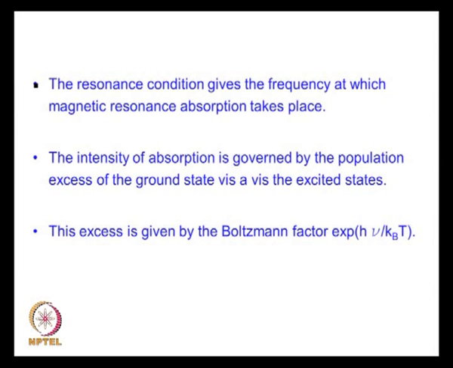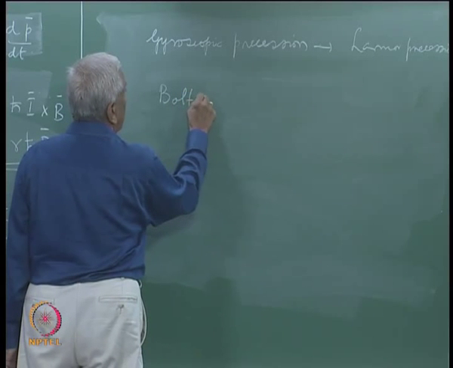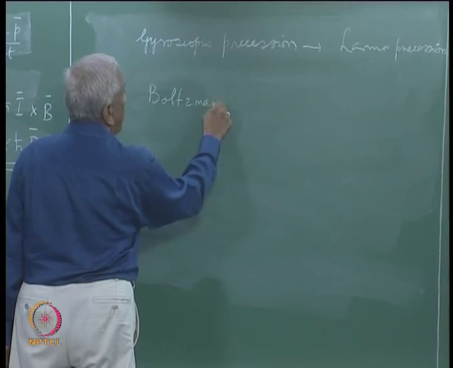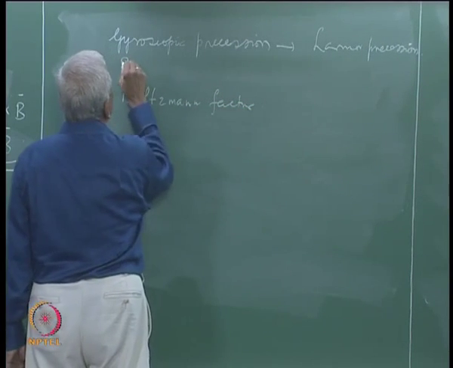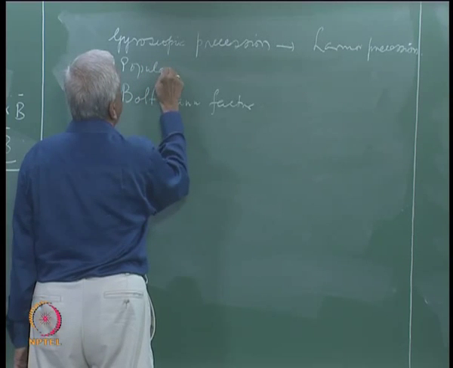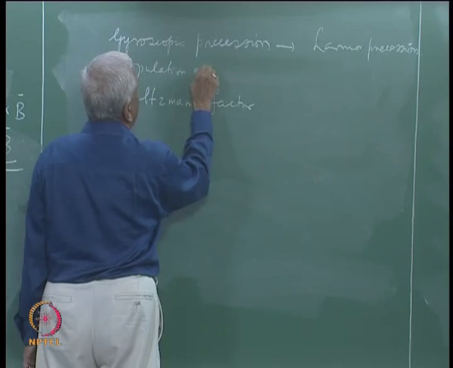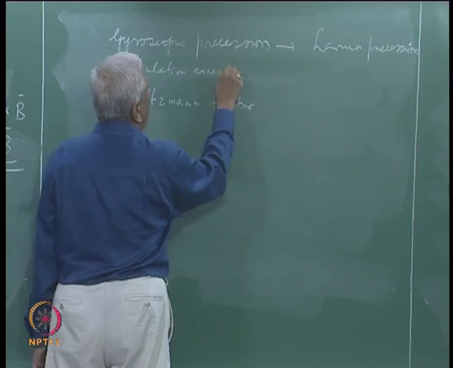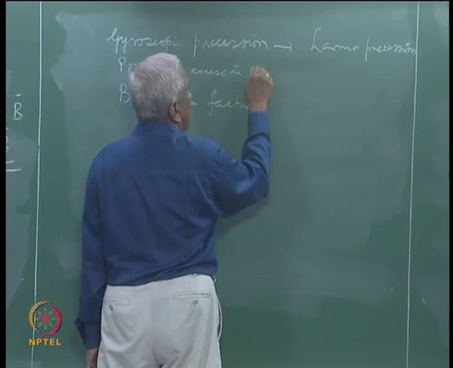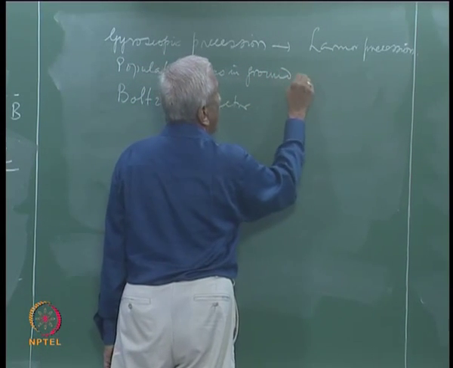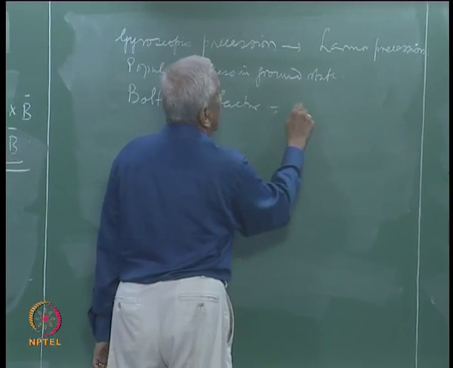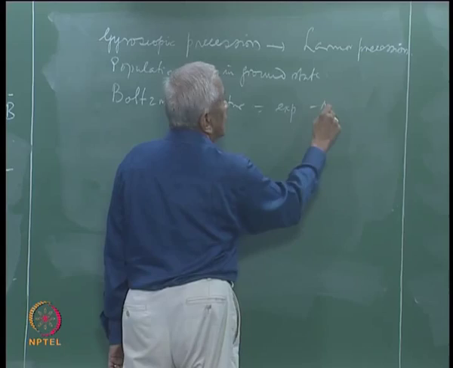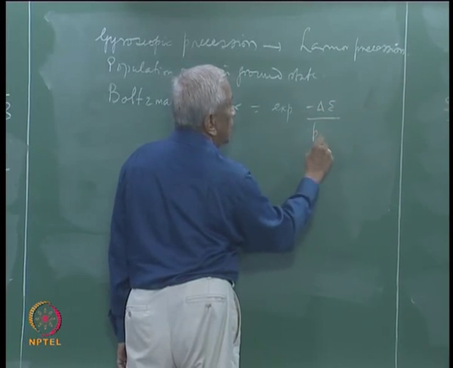Now, this excess of population in the ground state is given by the Boltzmann factor, exponential minus delta E by kBT.